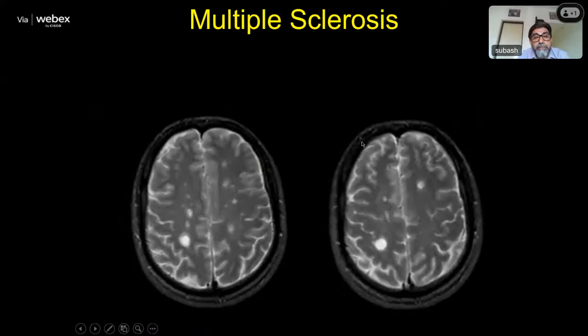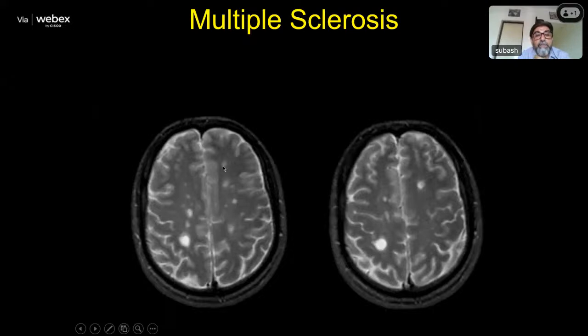There's a disease called multiple sclerosis. This is very common, not so common in India, but in Western countries. This is a white matter abnormality, and because of this, nerve transmission gets affected because there's a demyelination of the white matter fiber tracts, which are shown as hyperintensity on the images.